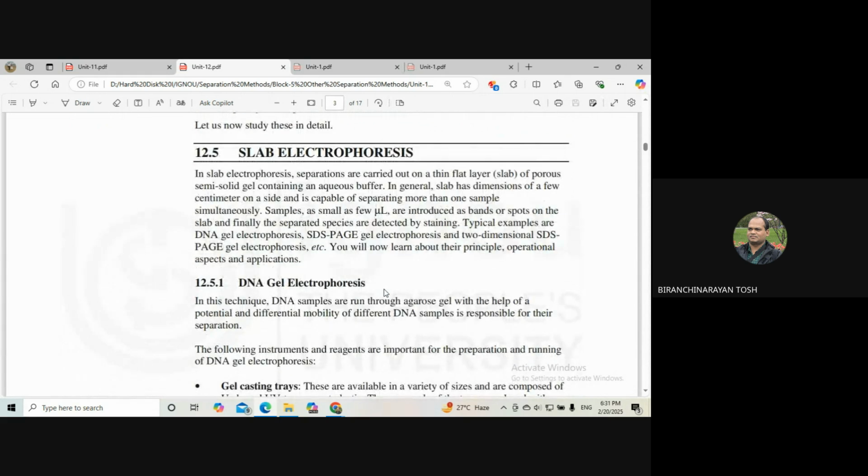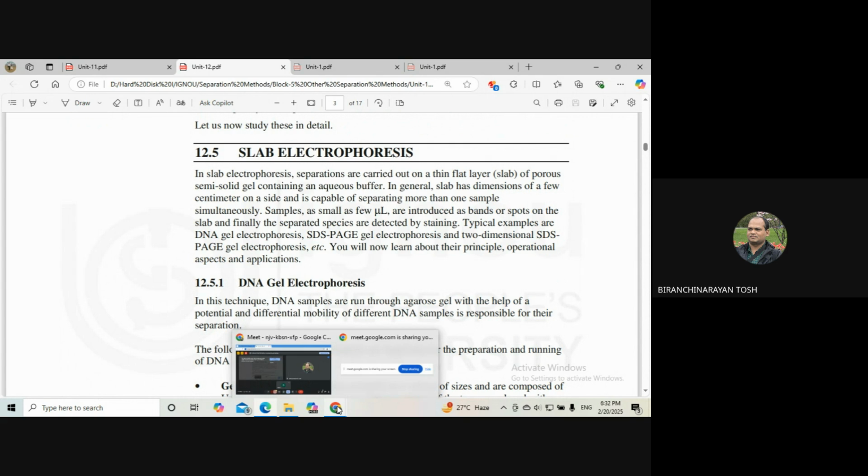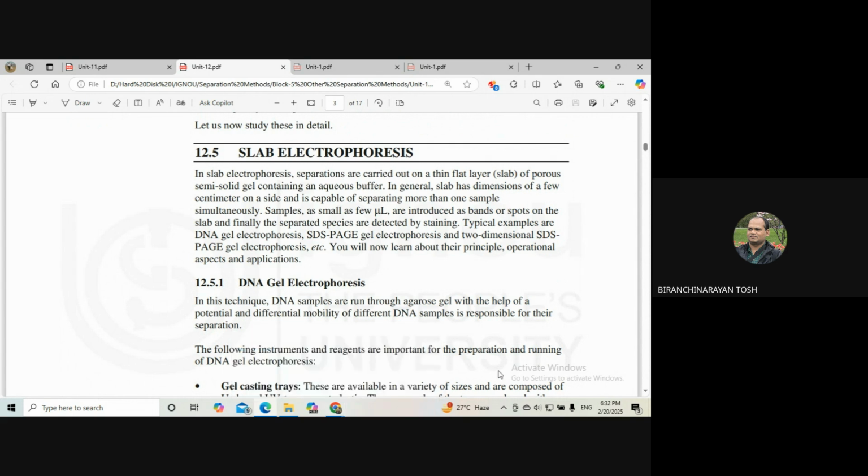So what is slab electrophoresis? In slab electrophoresis, separations are carried out on a thin flat layer, that means a slab, of porous semi-solid gel containing an aqueous buffer. In general, the slab has dimensions of a few centimeters on a side and is capable of separating more than one sample simultaneously.